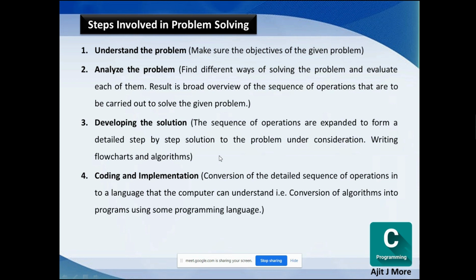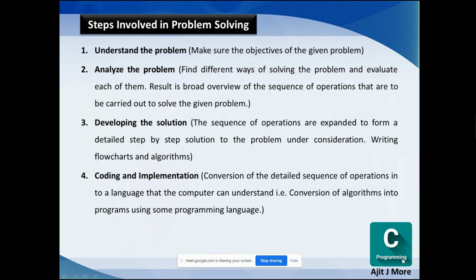The computer cannot understand that. So you have to convert that algorithm or flowchart into a computer-understandable form, and that is called writing programs using some programming language.